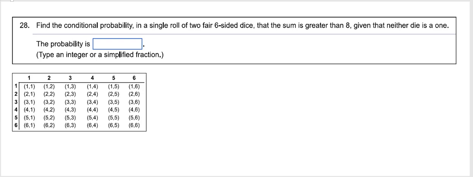Number 28. Find the conditional probability in a single roll of 2 fair 6-sided dice that the sum is greater than 8, given that neither die is a 1. Alright, the probability that the sum is greater than 8, given that neither is a 1.